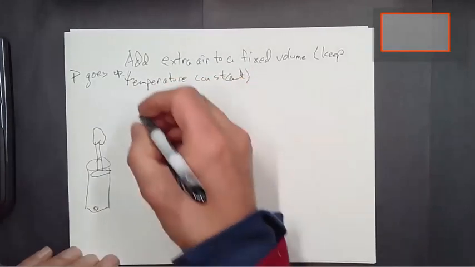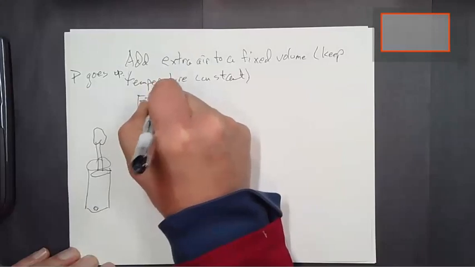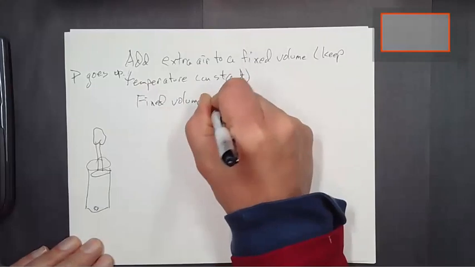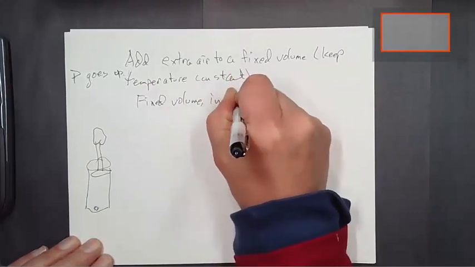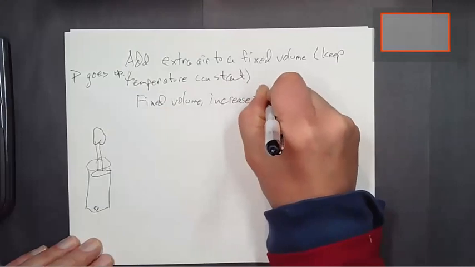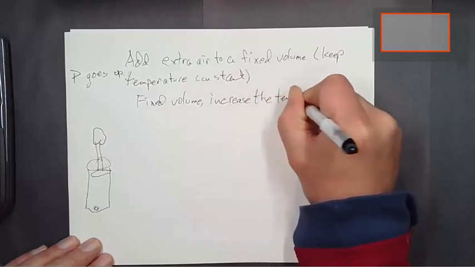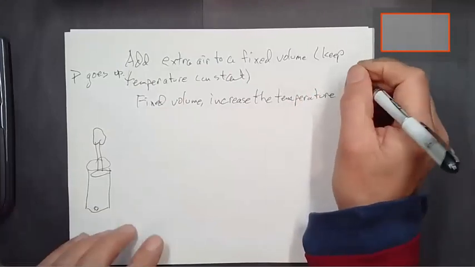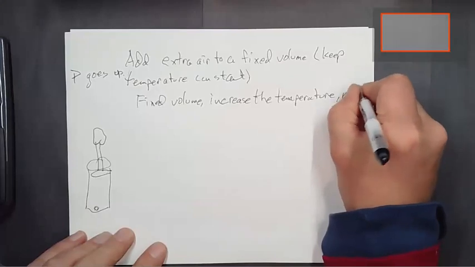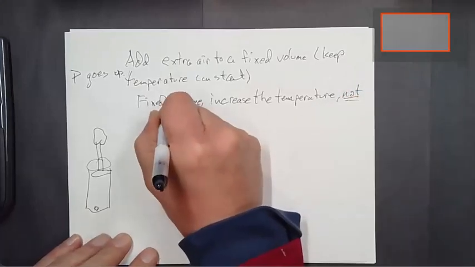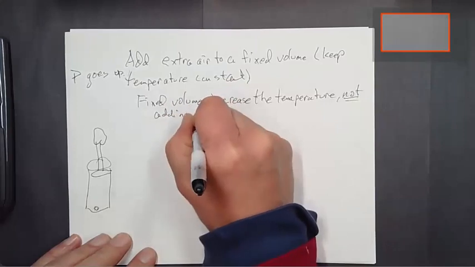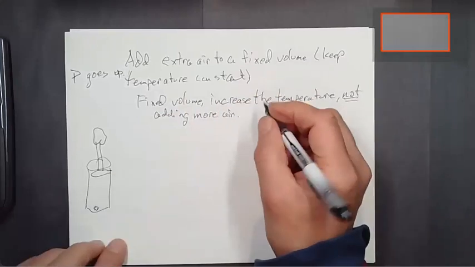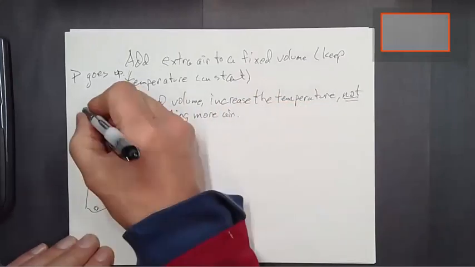Let's suppose you've got a fixed volume and you increase the temperature, and you're not adding more air. So what happens in that case is the pressure goes up too.